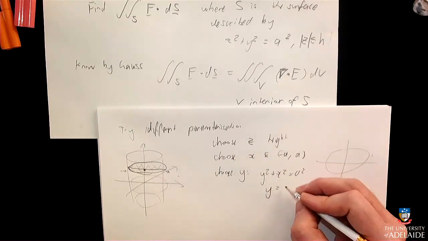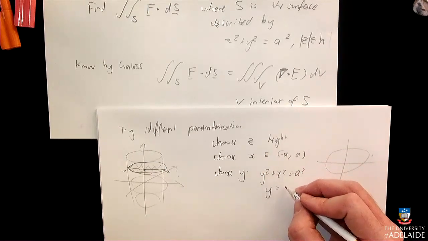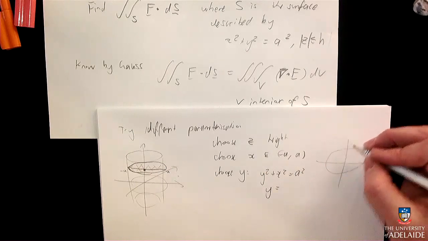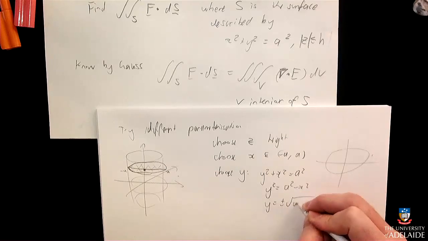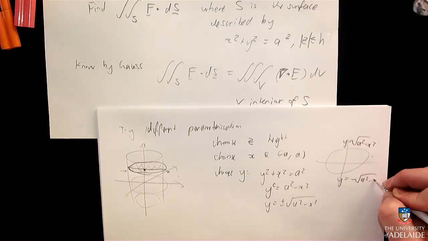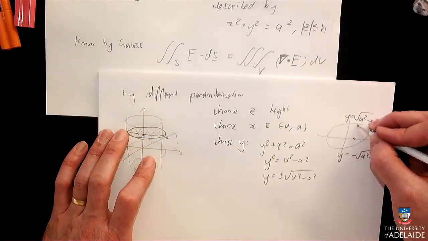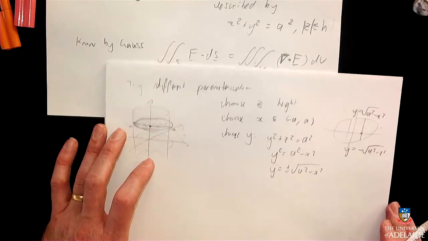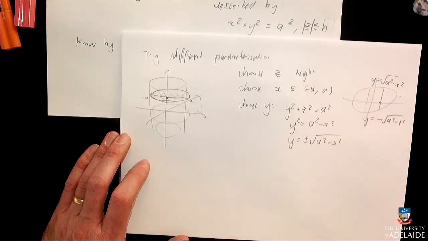So the y is going to have to go somewhere between root a squared minus x squared and minus root a squared minus x squared. So based on the choice of x, there's different options for what y is for each one. Let's try that one. So it's not really a parameterization. I mean, it's still a parameterization, but it's just naturally figuring out what the coordinates actually are.